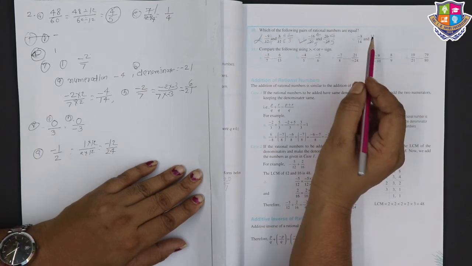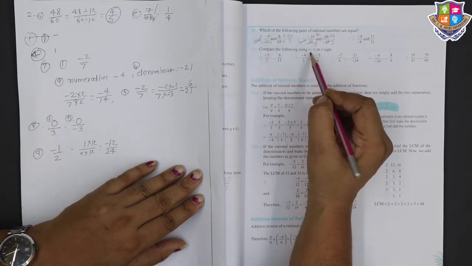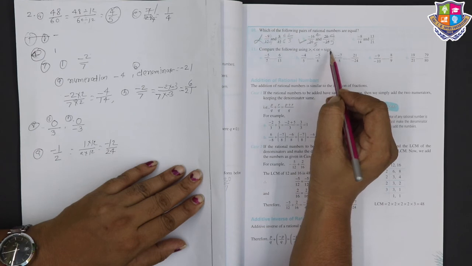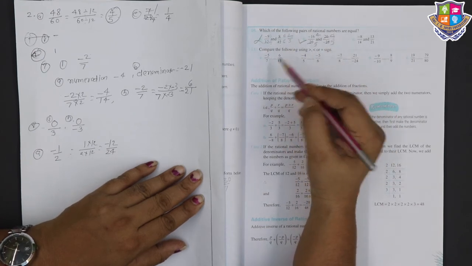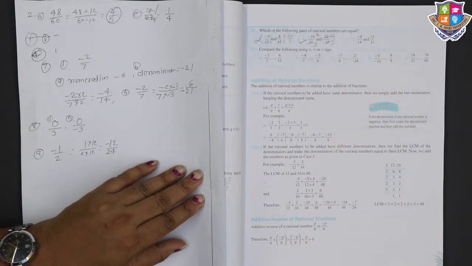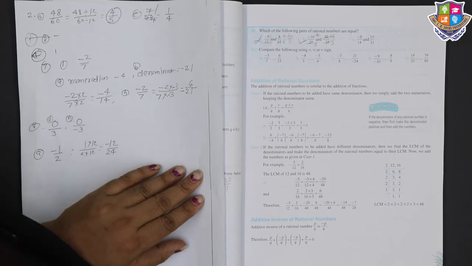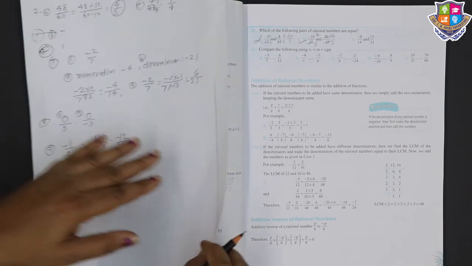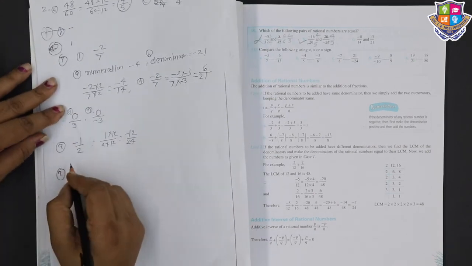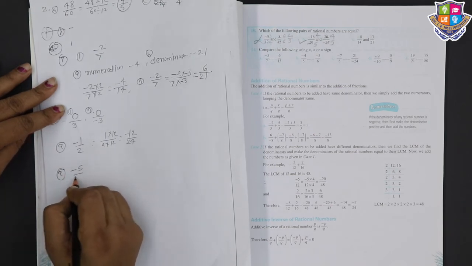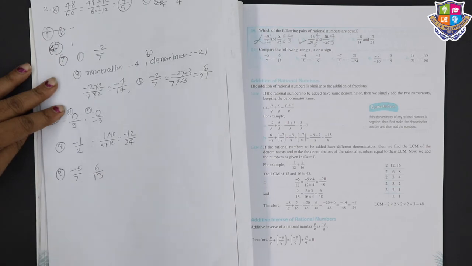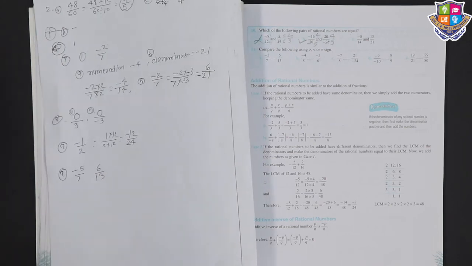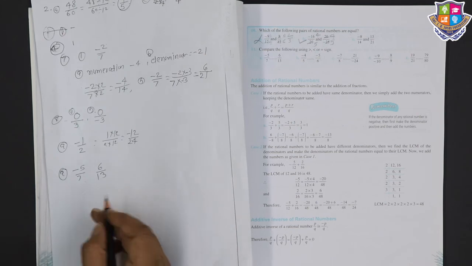Okay. Now compare the following using greater than, less than or equal to. When you are comparing, if both the denominators are the same, fine. Otherwise, what you have to do is make the denominators the same. See the first one, A: minus 5 upon 7 and 6 upon 13. Both the denominators are different, so you just have to make the denominators the same. So what is the LCM?